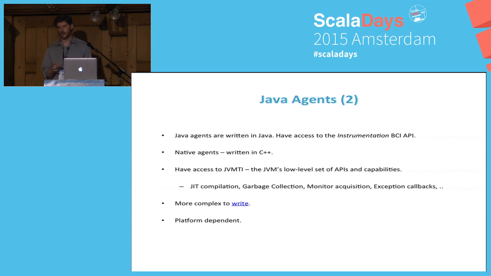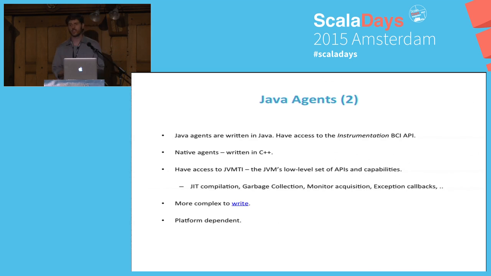You can do stuff there that you could not dream of doing when you're writing straight up Java code. You can get access to the JIT compiler. You can get callbacks whenever garbage collection happens, with insights that you would not be able to obtain using straight up Java code.